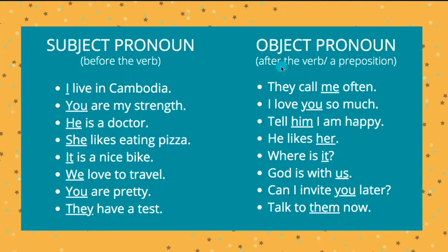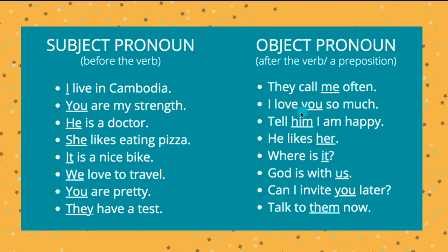So let's proceed with object pronouns. The tip to find them is that they come after the verb or a preposition. For example, they call me often. Call is the verb, so after that is an object pronoun, me. I love you so much.